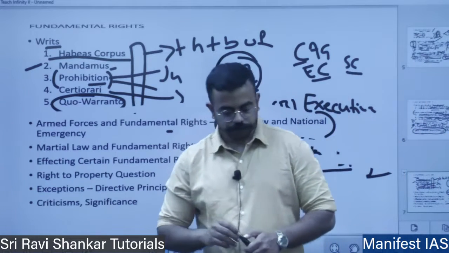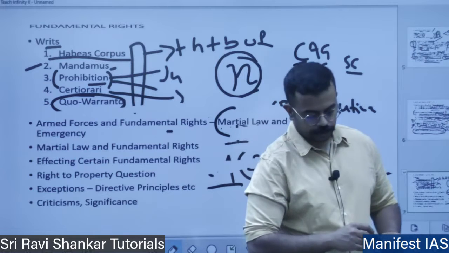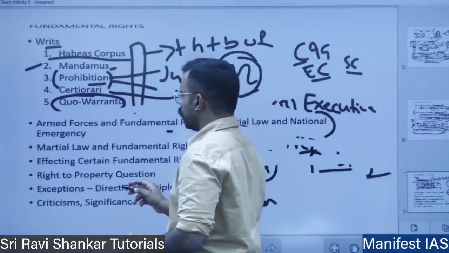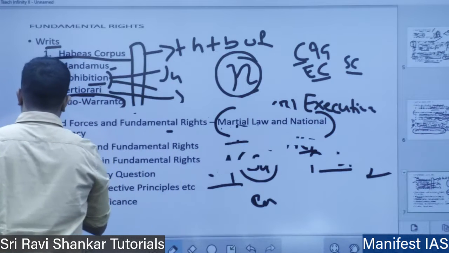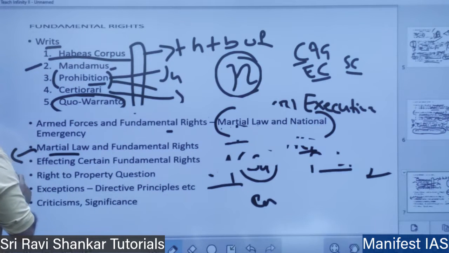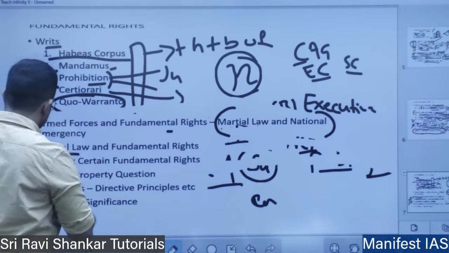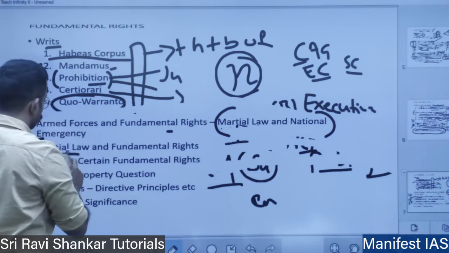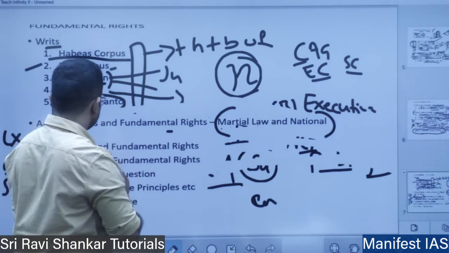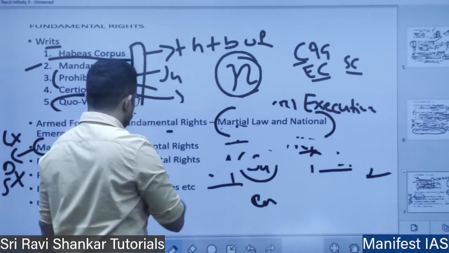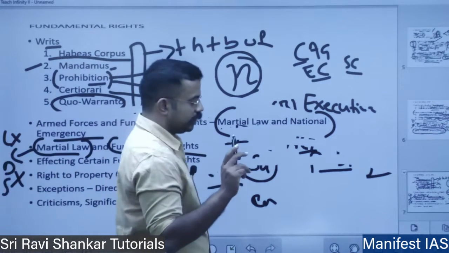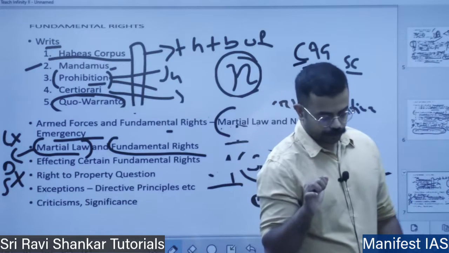Next comes, it suspends the government and ordinary law courts. Under martial law, the local government, whether it is the district government or state government, is suspended, and even courts are also suspended. So they have their own courts and they are the martial law rulers. However, in national emergency, the local government is not suspended.